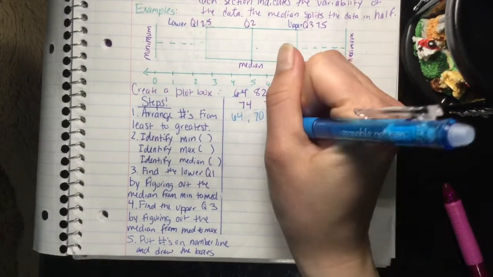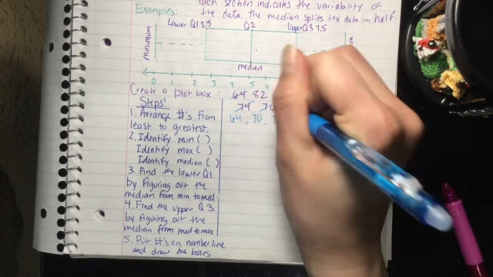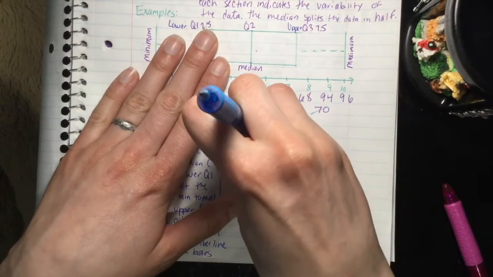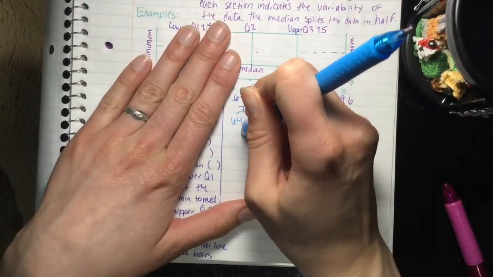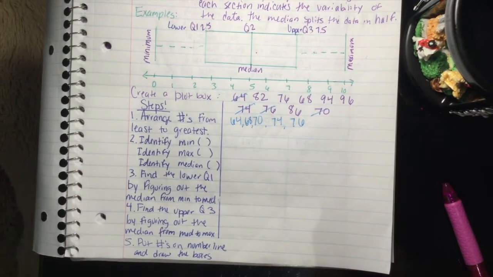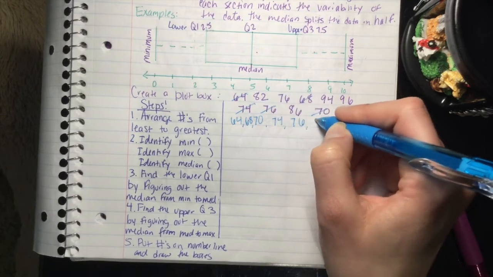Then I have 74, 76. Oh, I forgot one. I forgot this little 68. Let me erase that. Yes, magic erasable pens. Put that in there. See, it's really important to try to figure that out. All right, I got two 76s.